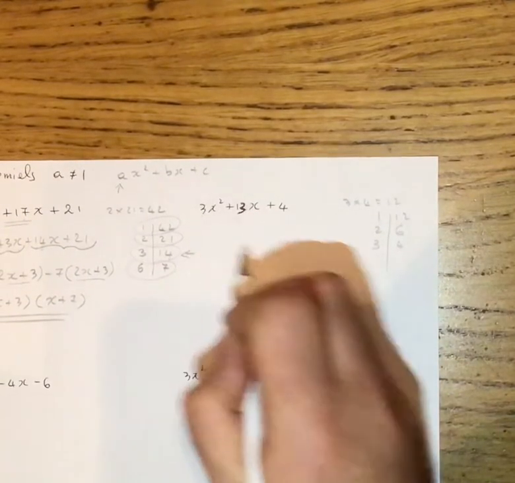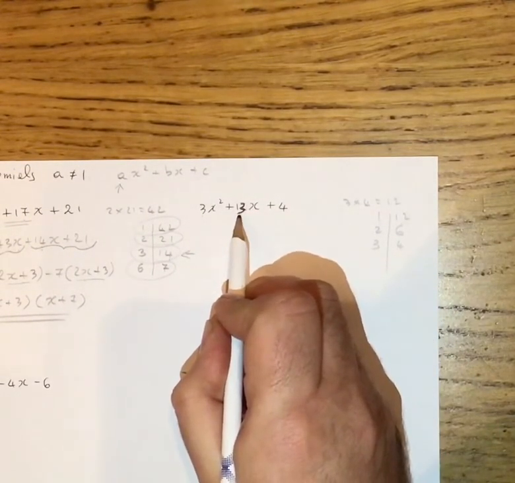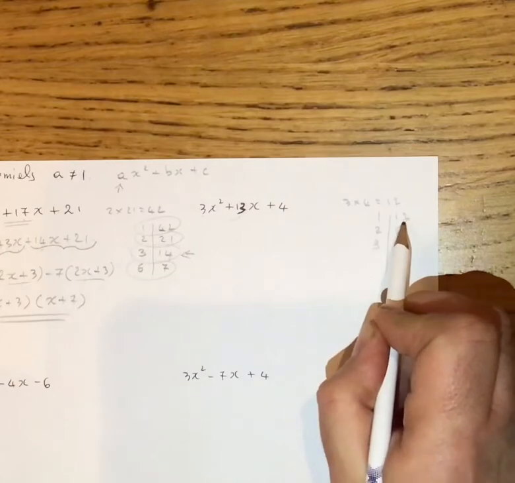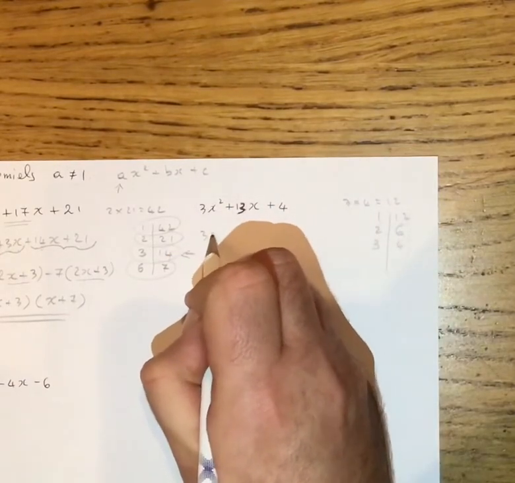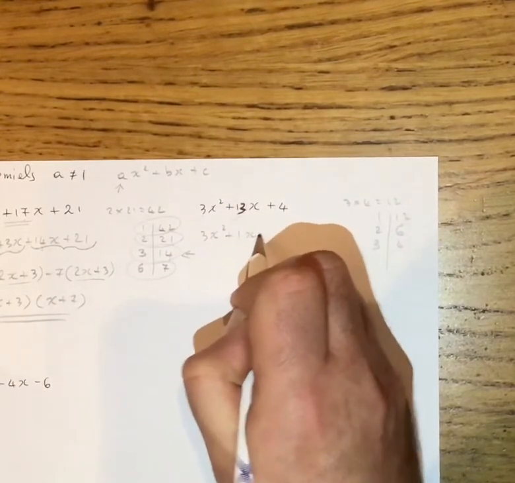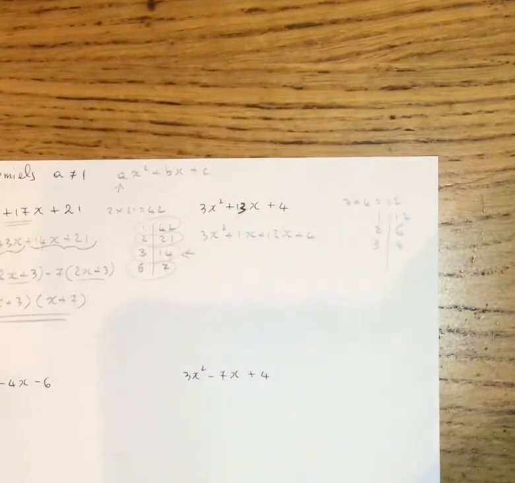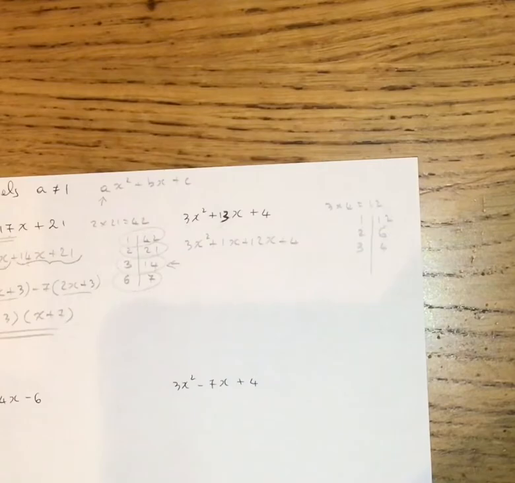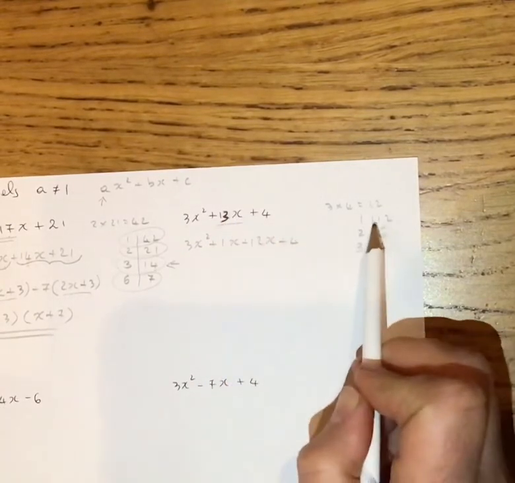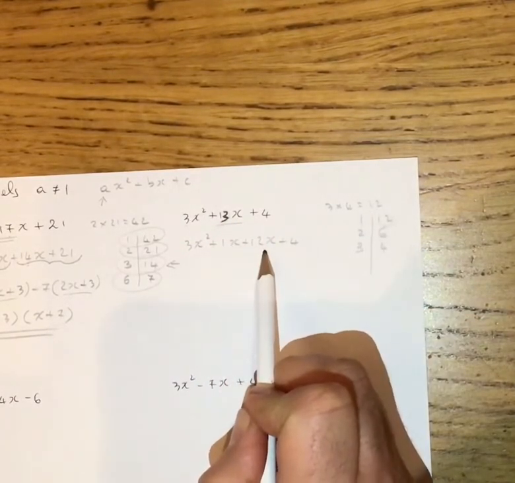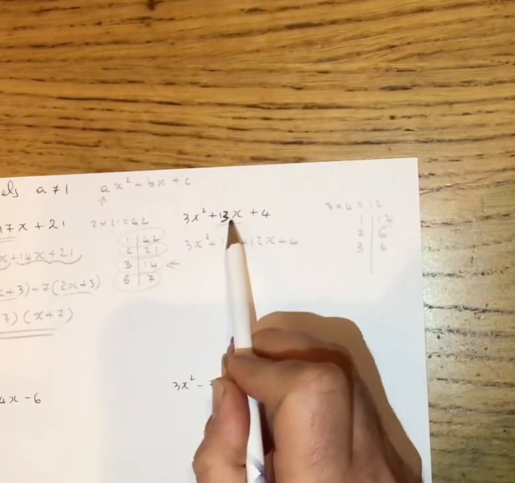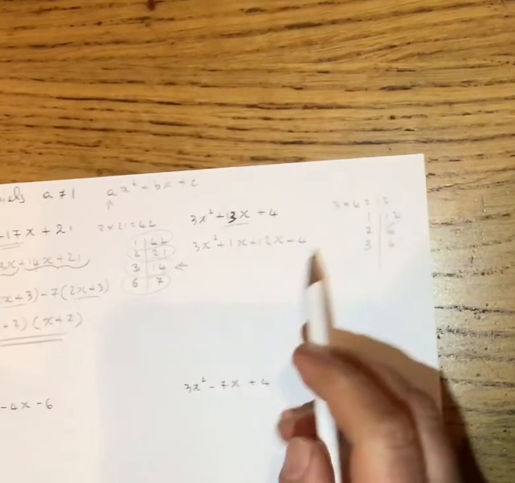Okay, so I'm going to replace that 13x with 1x and 12x. So all I've done is replace this with those two, 1x and 12x. It's the same thing, I just split that into 1x and 12x.